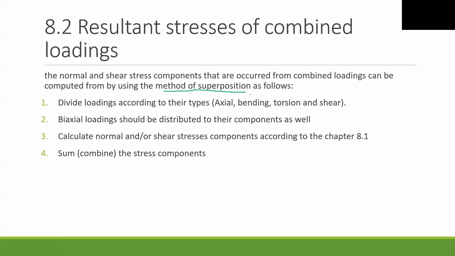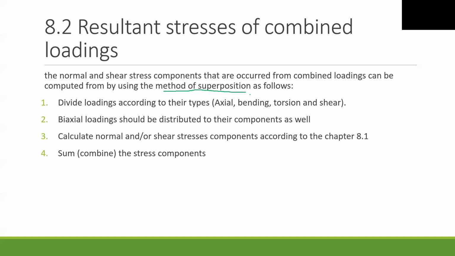So how can we apply the method of superposition to obtain resultant combined loadings? First of all, we separate our loading or internal forces. For example, we have an axial load, bending, torsion, or shear. We separate the axial loading, bending moment, torsion, and shear.